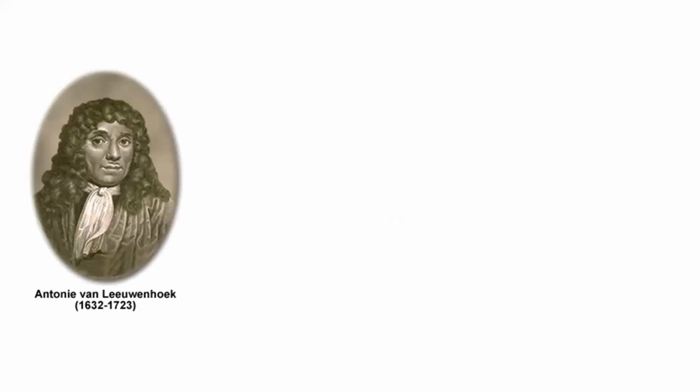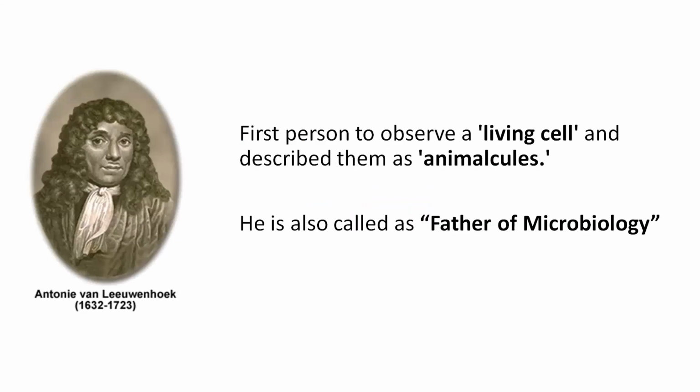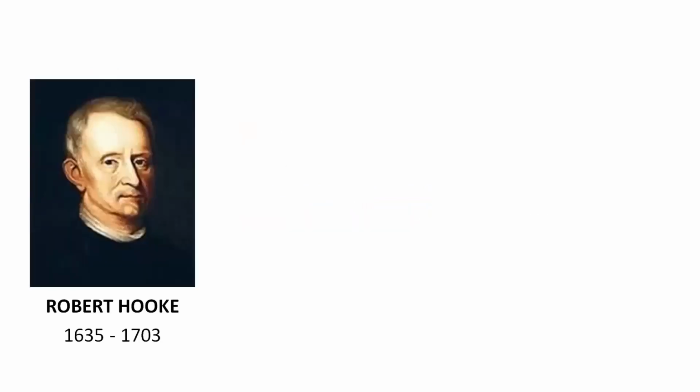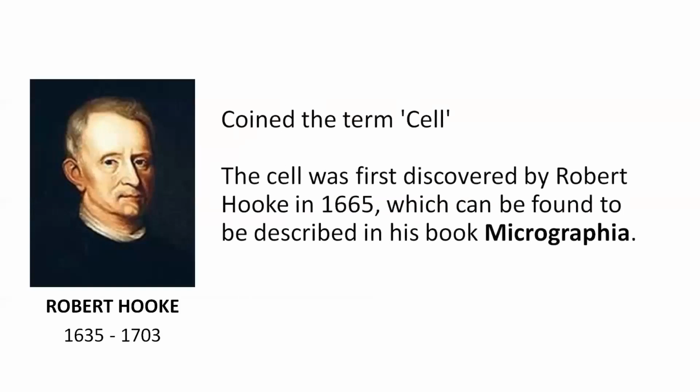So let us go through the history very fast. First, Sir Anton van Leeuwenhoek is the first person to observe living cells, and he described them as animalcules, and is also called the father of microbiology. Coming to Robert Hooke, he discovered the cell, and he described it in his book called Micrographia.